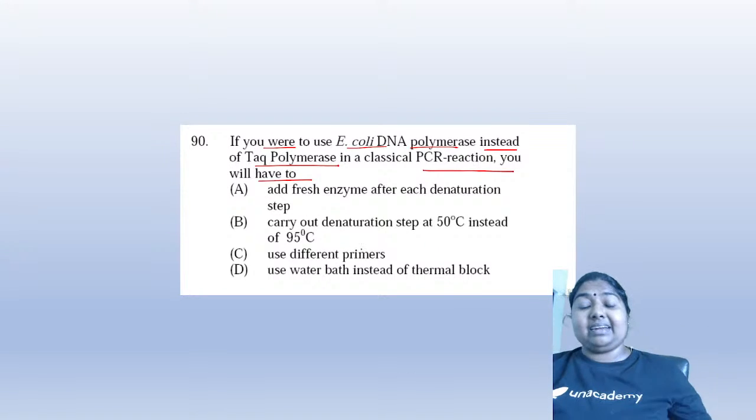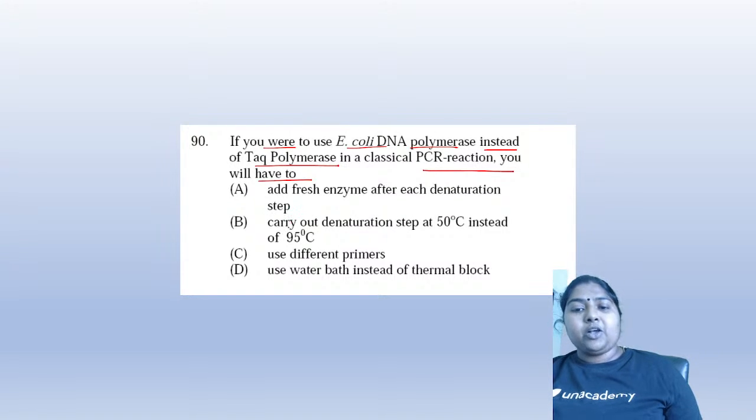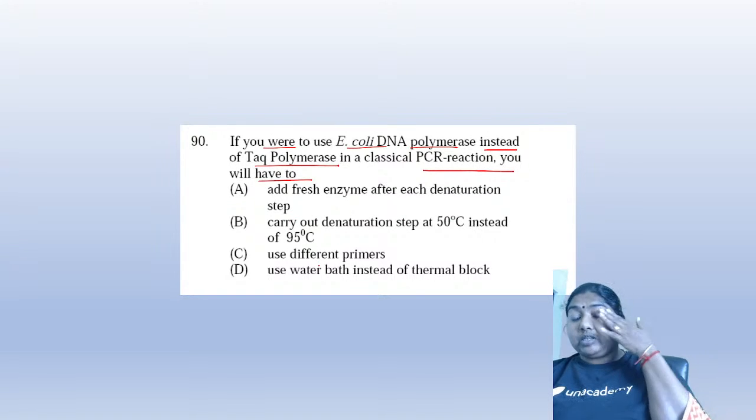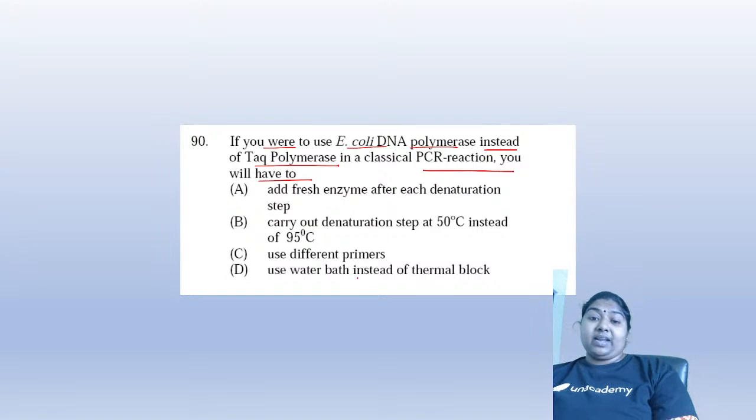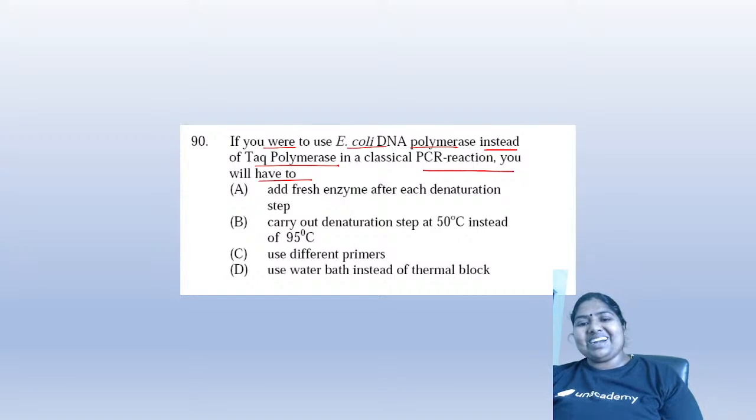You should add a fresh enzyme after each denaturation step. You have to carry out the denaturation step at 50 degrees instead of 95. You have to use different primers. You have to use a water bath instead of a thermal block. Good try, everybody. Come on, come on. Fantastic. Got it.